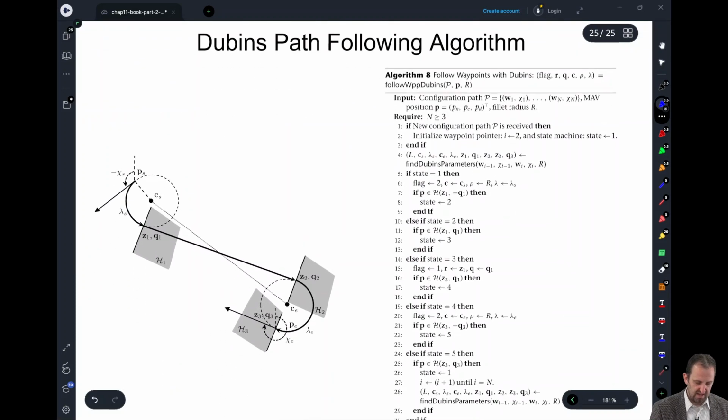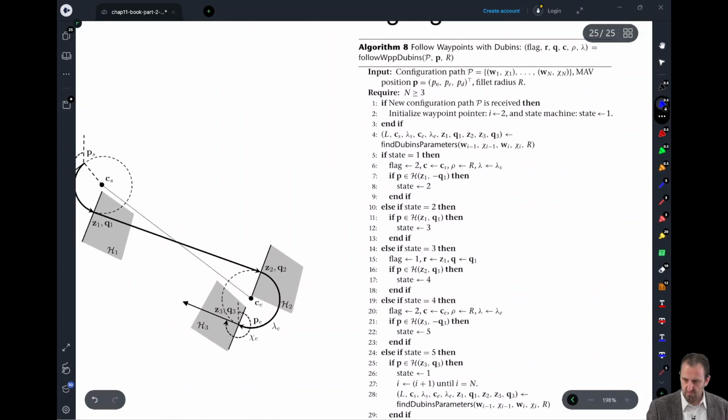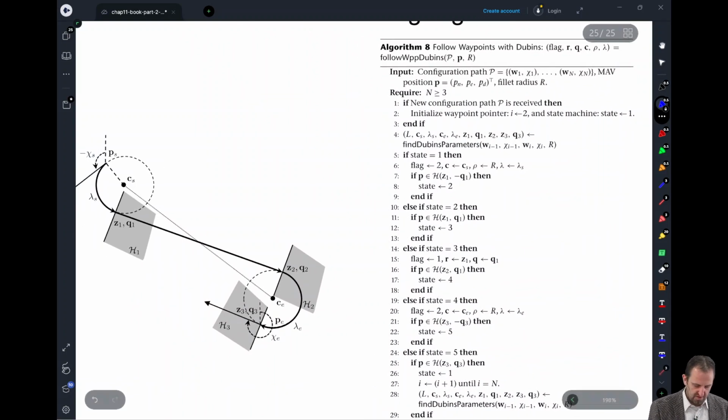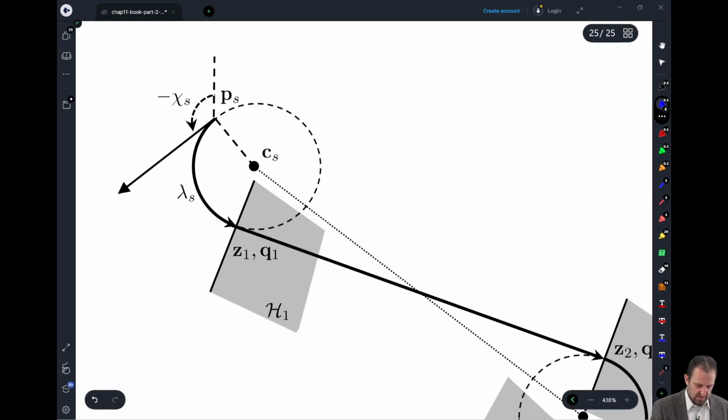Now this final algorithm is how do we follow the Dubins path? We can define the following mechanisms. The first thing to note, and I wish this was drawn slightly differently, is that we want to switch at Z1, Q1, where Z1 is that point and Q1 is pointing along the vector.